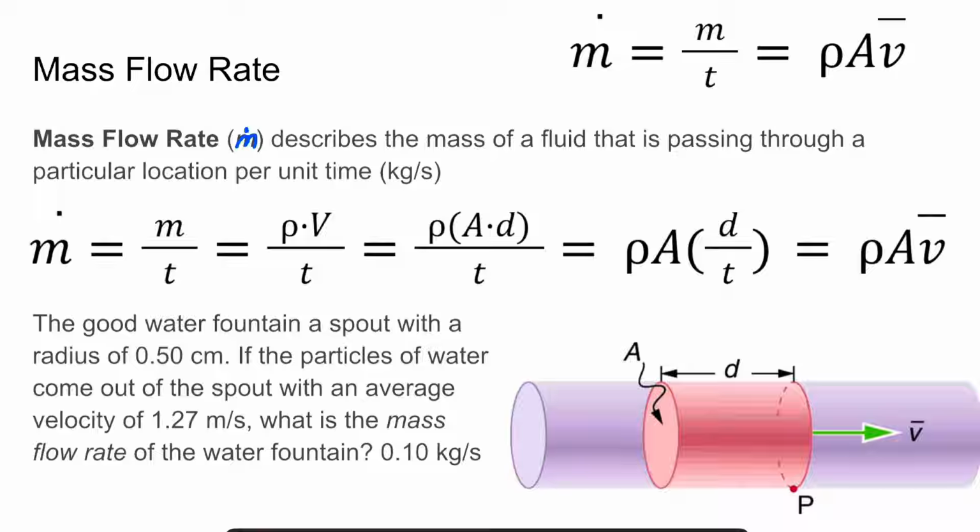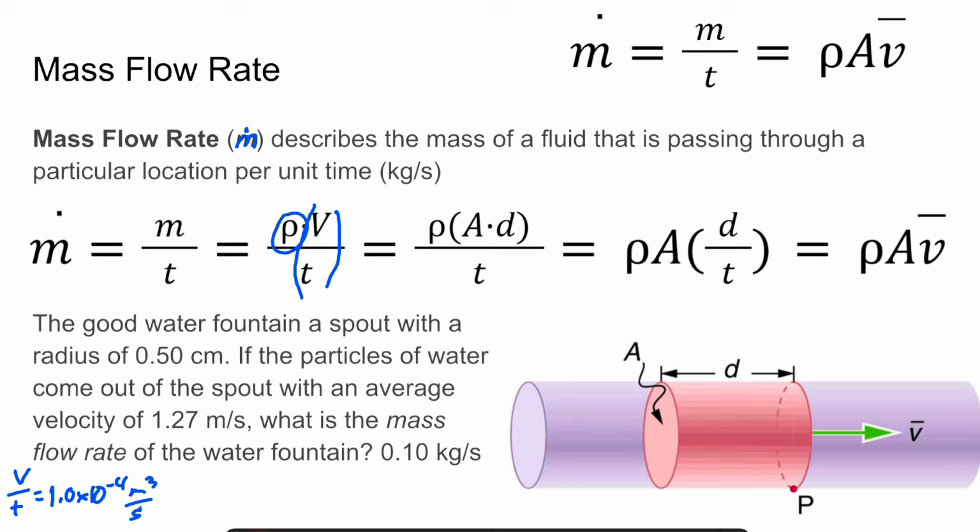So remember that we found a volume flow rate for our water fountain of 1.0 times 10 to the negative fourth meters cubed per second. So let's try to figure out what our mass flow rate would be. In order to find our mass flow rate, we just need to take our flow rate, which is V over T, right, and multiply that times the density.